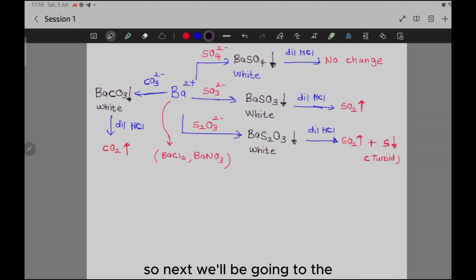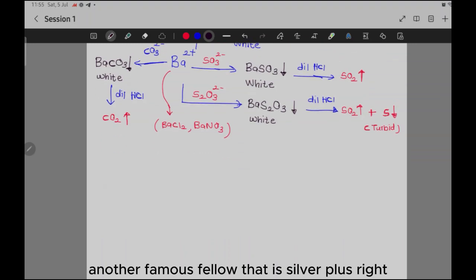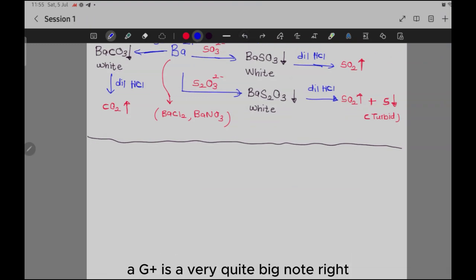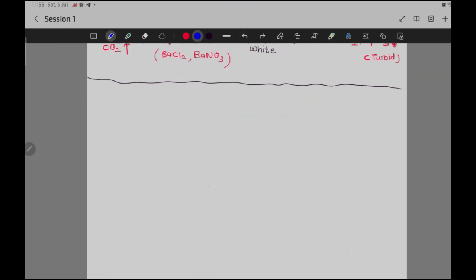So next we'll be going to another famous fellow, that is silver plus, Ag plus. Ag plus is quite a big note. We'll draw in the middle, Ag plus, silver plus.